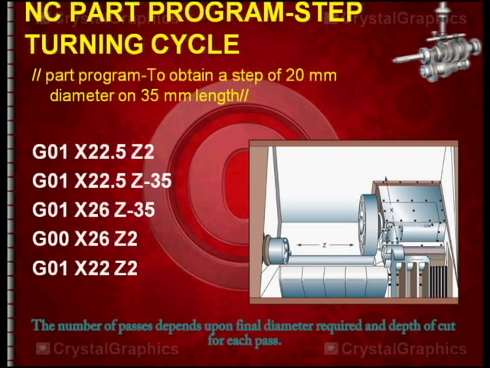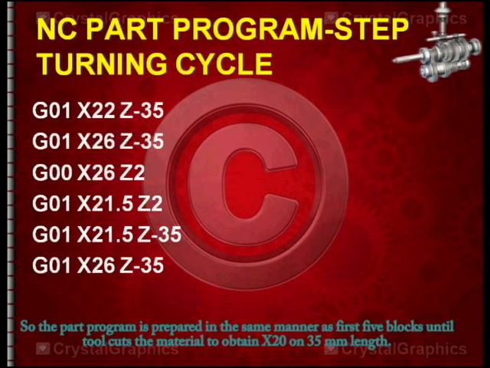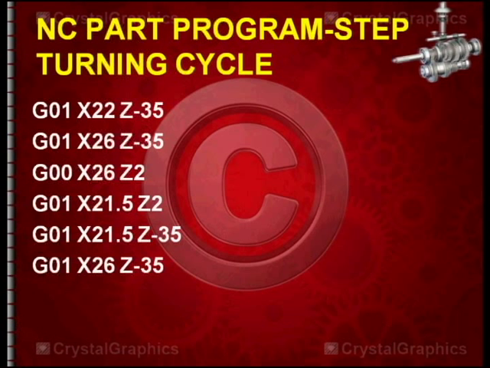The number of passes depends upon the final diameter required and the depth of cut for each pass. We can notice a new diameter value is given in each block for each pass. So the part program is prepared in the same manner as the first 5 blocks until the tool cuts the material to obtain X20 over 35 mm length.